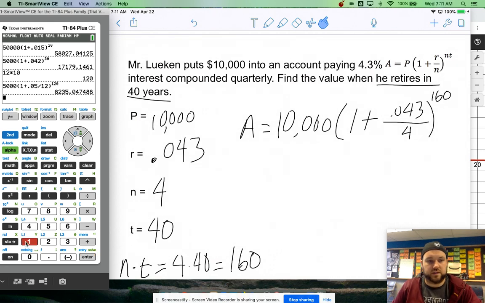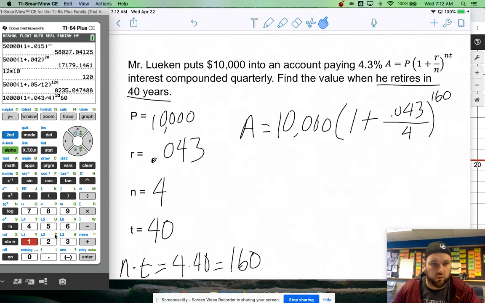So if I type that into the calculator, 1 plus 0.043. Now, the last couple examples have all been plus, but make sure, right, with money it should be adding, but sometimes don't forget that there's also decay, which is 1 minus. I did not use the exponent button, which is going to be unfortunate. 160.